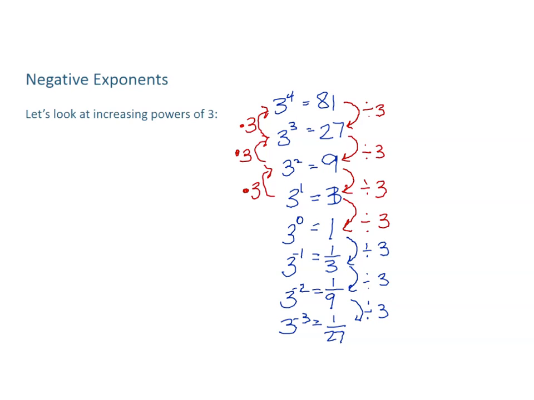So we see that negative exponents don't result in negative numbers. But what is happening? I mean, look carefully at what we've got here. 3 to the negative 1 is 1 over 3. 3 to the negative 2 is 1 over 9. 3 to the negative 3 is 1 over 27.